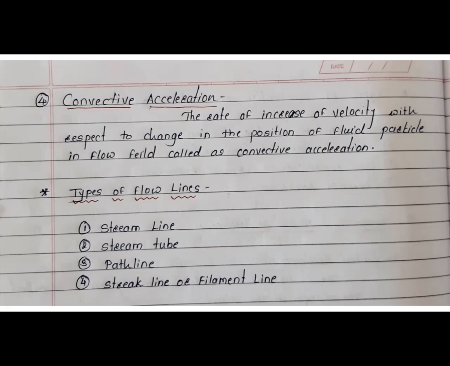So first is the streamline, second is the stream tube, third is the path line, and fourth is the streak line. These terms are asked in many exams to be explained. These are very simple terms and very important.